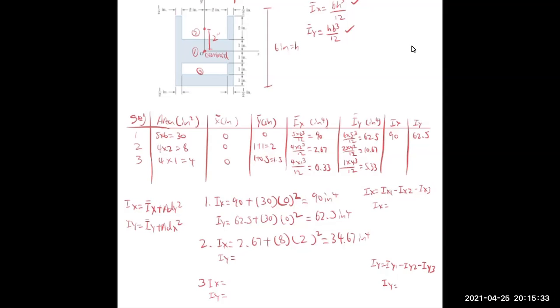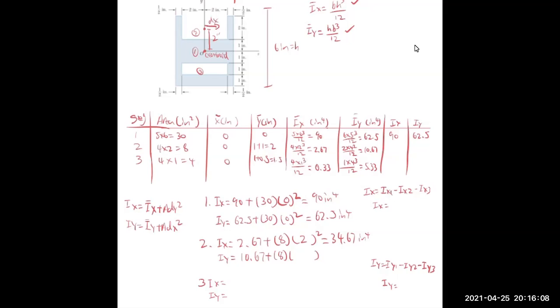And then Iy, same thing. That would be 10.67 plus the area, which is A, and then the dx, which will be this distance right here.